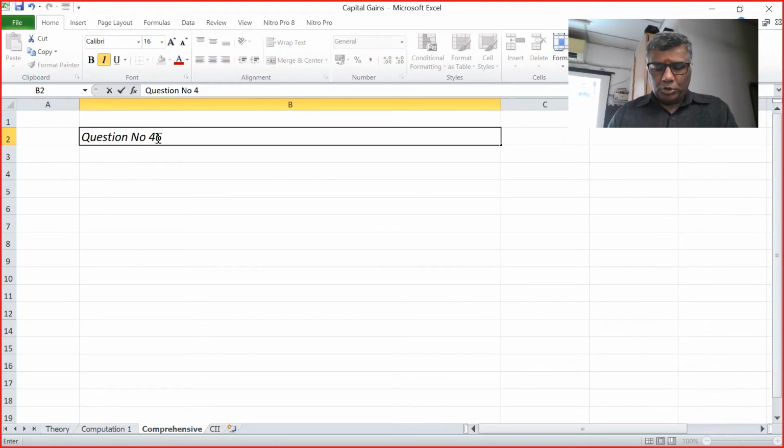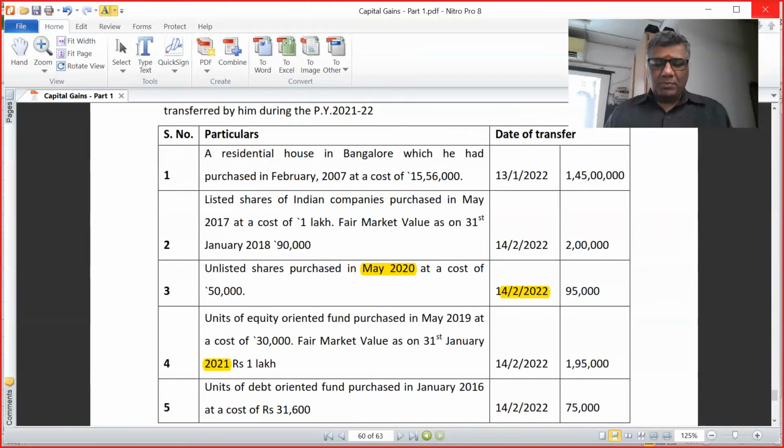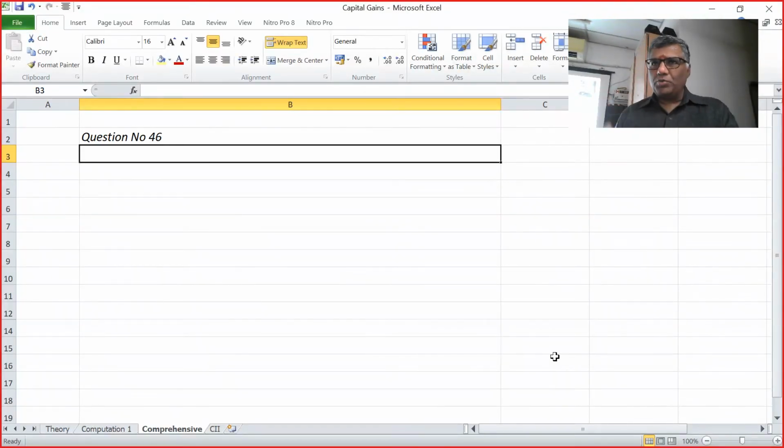I hope you noted that unlisted shares is a short-term gain. May 20, within 24 months, whereas transferred in, so unlisted shares is a short-term capital gain. First I am working exclusively for house.